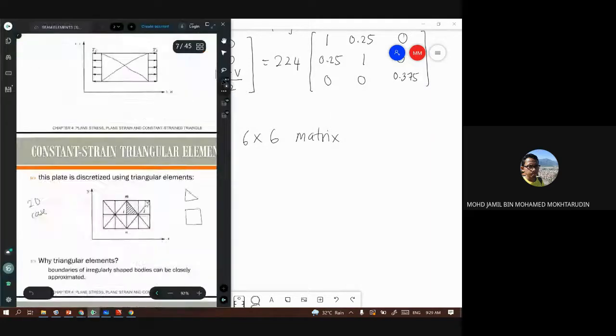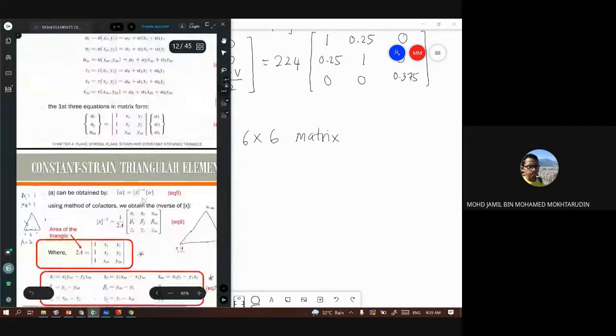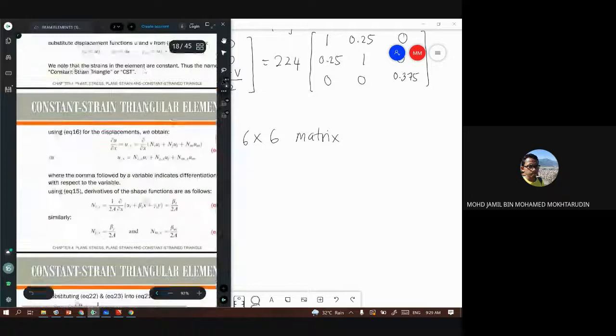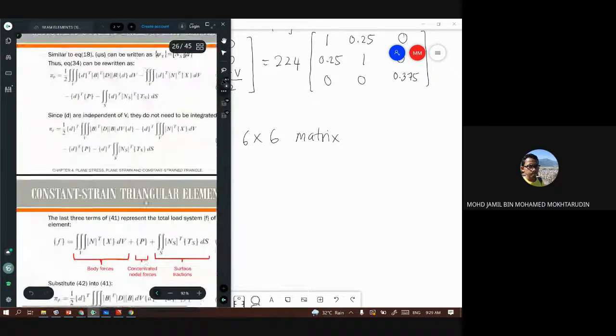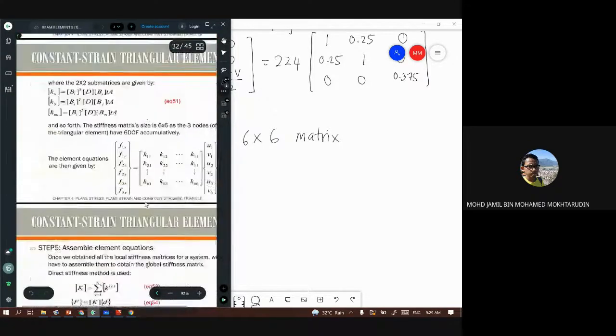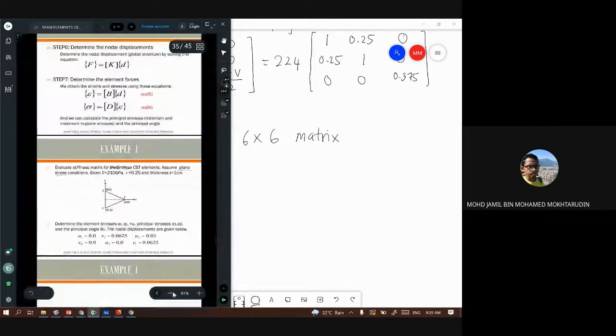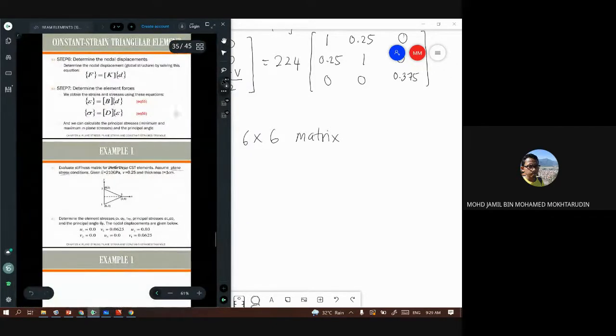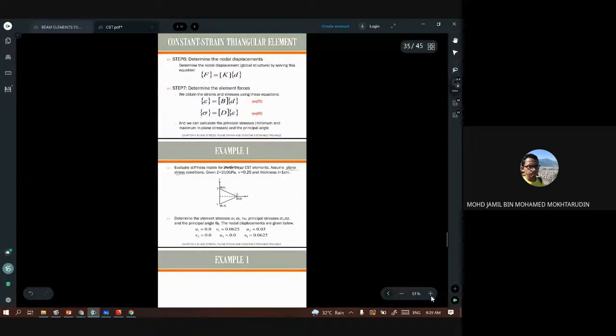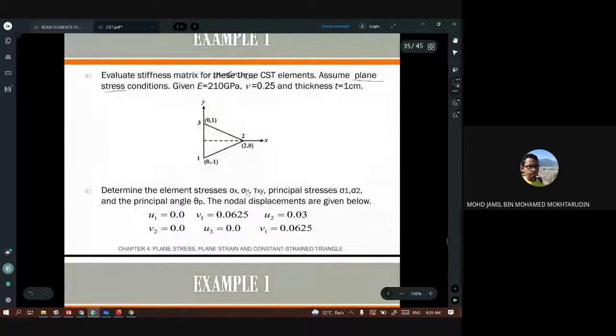And now let's go to the next question, B. Question B: determine the element stresses sigma x, sigma y, and tau xy, the principal stresses, and the principal angle.